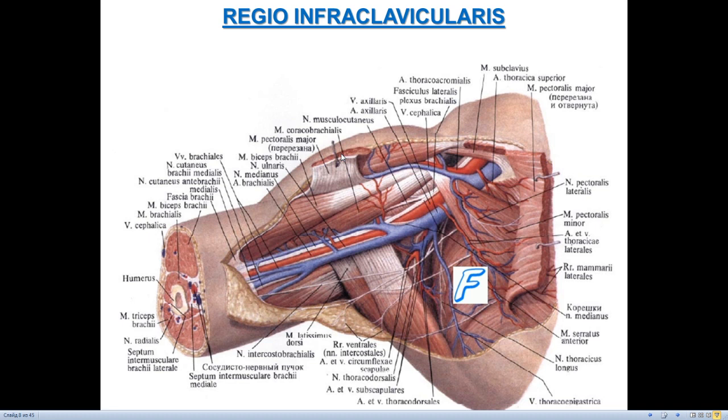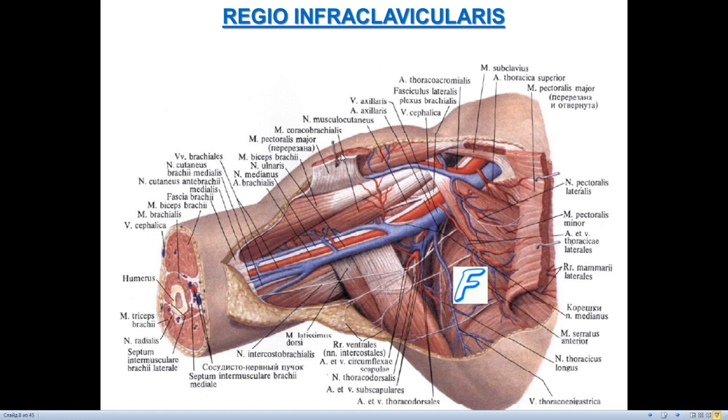Third, to the pleural cavity through the intercostal spaces. Fourth, to the subskin space between the fibers of the pectoralis major muscle.